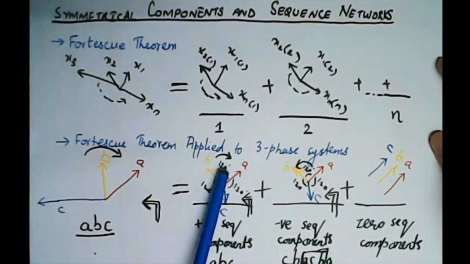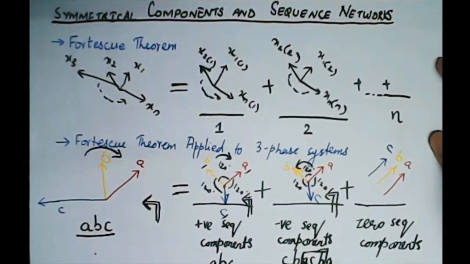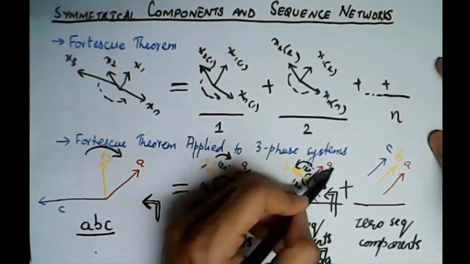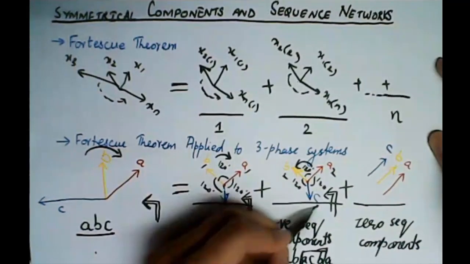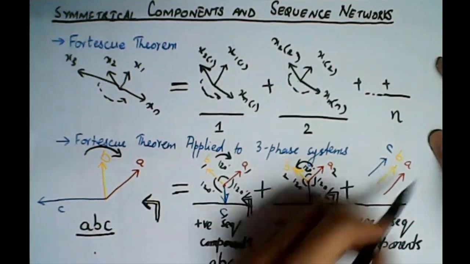Now I am repeating this one. Positive sequence components are balanced among themselves. That means A, B, C will have the same magnitude among themselves, and positive sequence components are usually expressed with a subscript of 1: A1, B1 and C1. This means A1, B1 and C1 will have the same magnitude and their angular separation will be 120 degrees. Similarly, the negative sequence components A2, B2 and C2 will have the same magnitude among themselves and the same angular separation of 120 degrees.